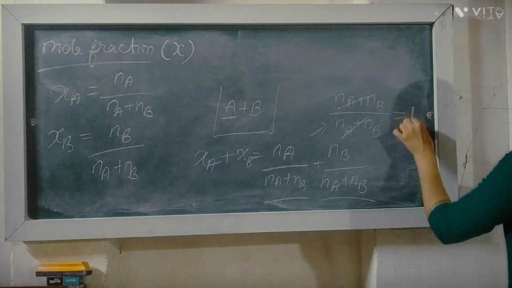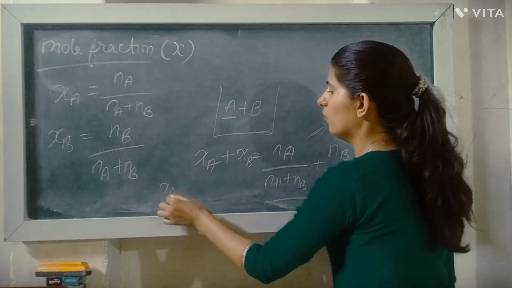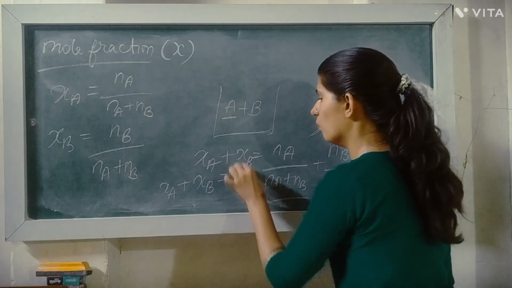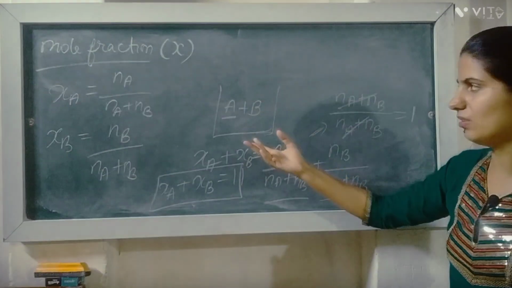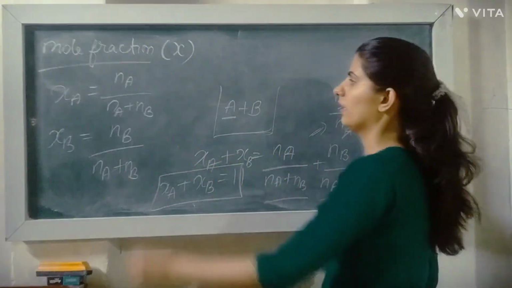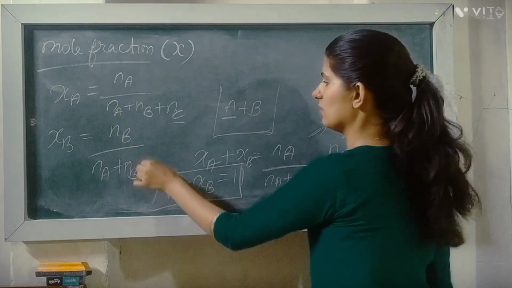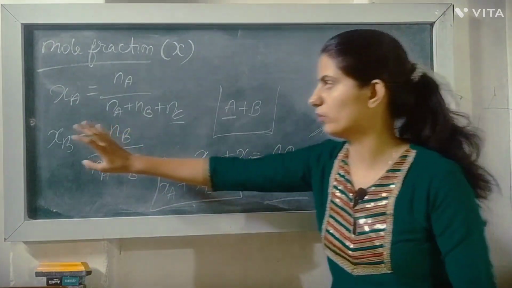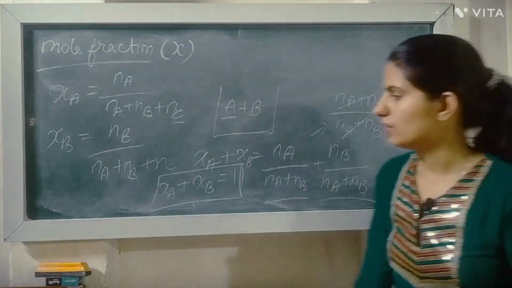So we know that the sum of mole fractions of all the components is equal to 1. Here there are two components. Consider if I had 3 components, then I have to take NC here, and again find out the mole fraction of C component. Clear? This is the meaning of mole fraction.